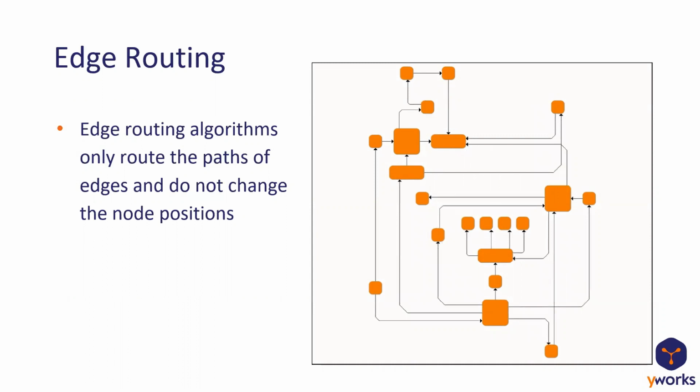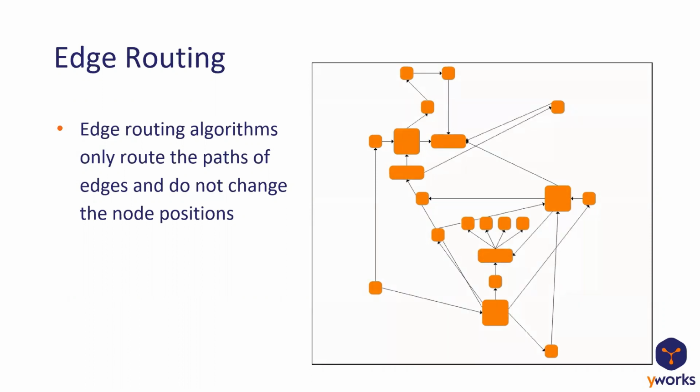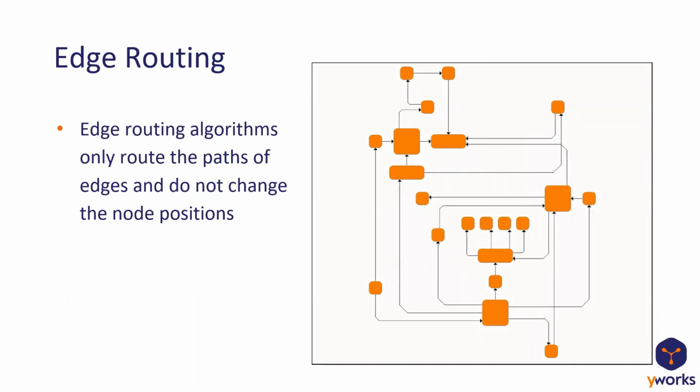You have seen, I go back again, you have edges without any routes, and if you apply the algorithm, it produces routings for these edges, trying to avoid overlaps with other nodes, trying to avoid crossings with other edges, and so on. So the nodes remain at their positions, but the edges are rearranged.